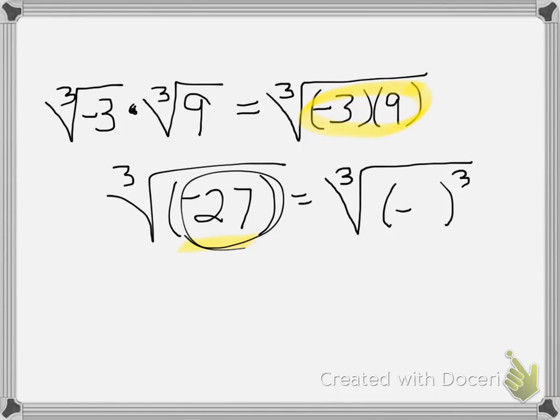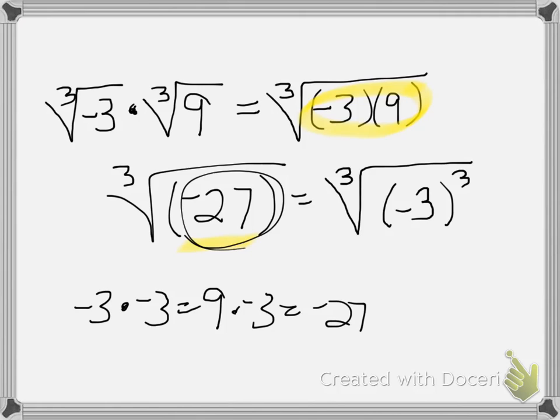Okay, so -3 to the third power equals -27, because -3 times -3 is positive 9, then times a -3 is -27. So I know that the answer to this one, if I think about what you learned in the last section, the index of 3 cancels with the exponent of 3, and you get -3, and that's the final answer.